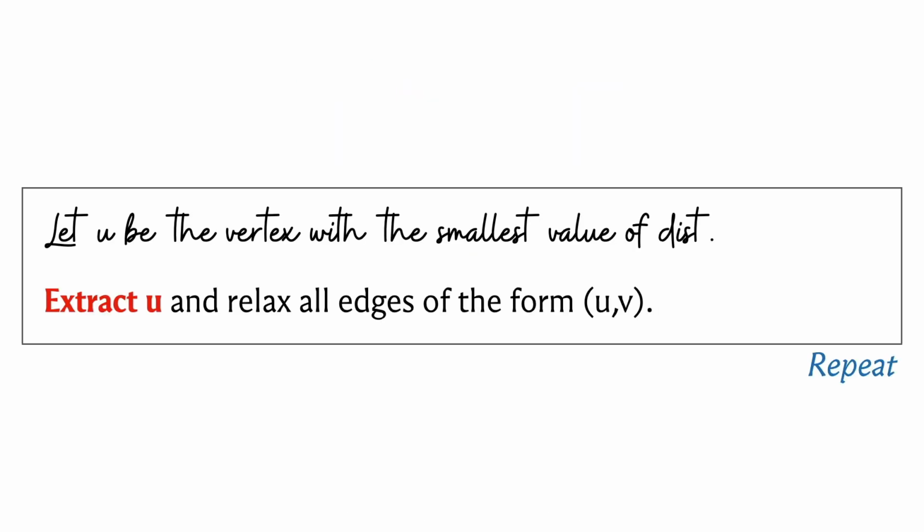So here is what we are going to do. We are going to identify the vertex that is closest to the source, and notice that in the beginning this is just going to be the source vertex itself, and what we want to do is extract this vertex, which is to say we want to ultimately get rid of this vertex, just like we do with BFS.